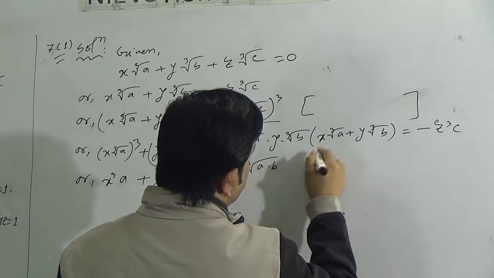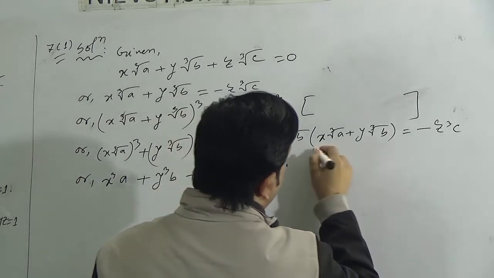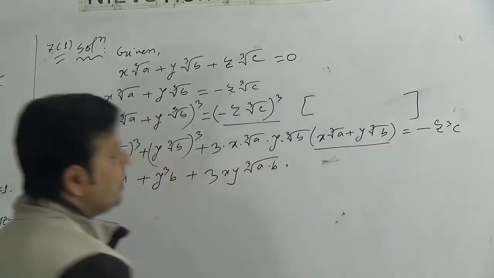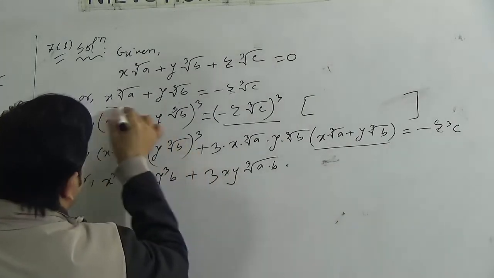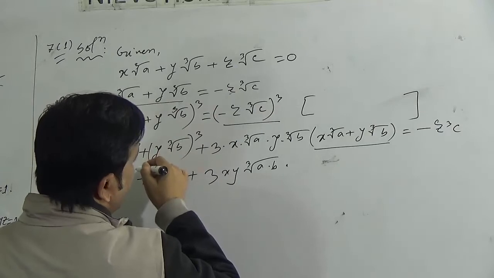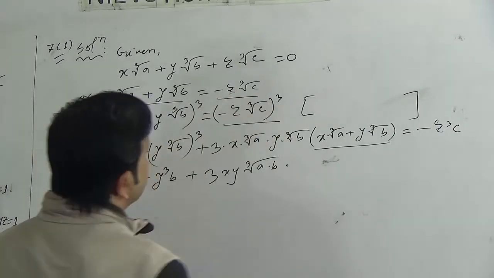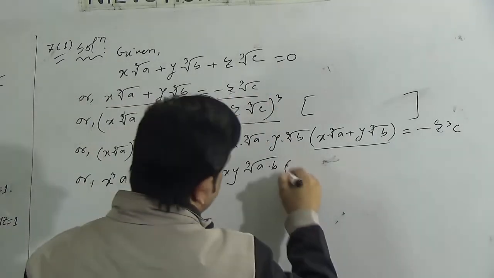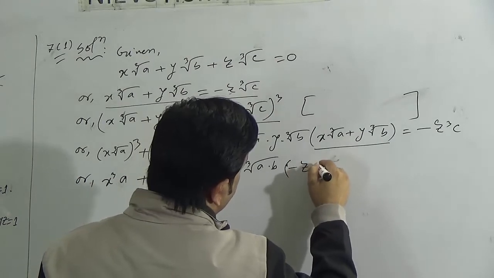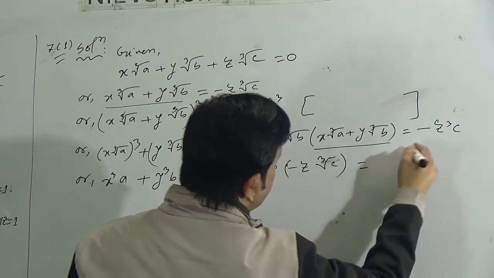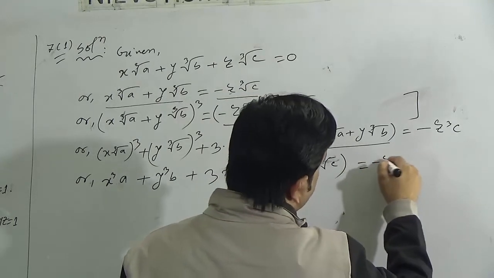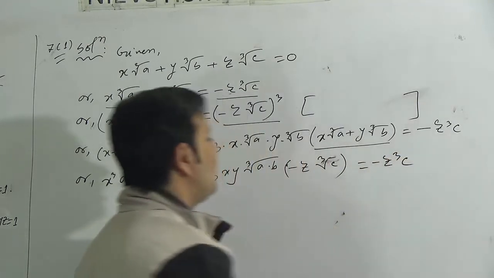Now here for this x cubic root A plus y cubic root B, we can use here x cubic root A plus y cubic root B is equal to minus z cubic root C. So we can write here minus z cubic root C. So we will get here minus z cube C, right side will remain same.